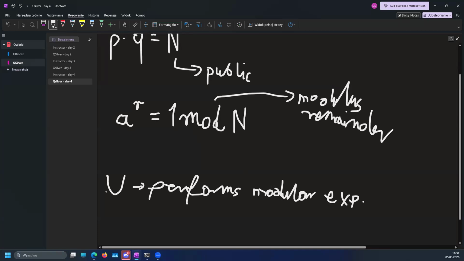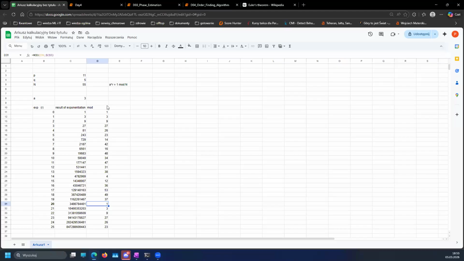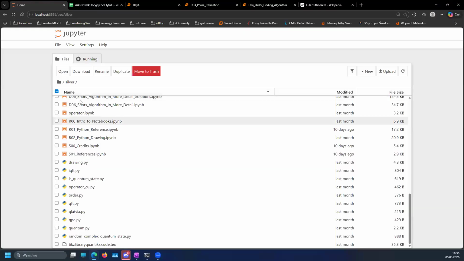So we have here a matrix, a quantum operator that, at the same moment, performs this exponentiation and calculates the remainder. How this operator is built is beyond the scope of our course. So it will be just given to you, yes? I believe that in our notebooks, I will show you how it's given.